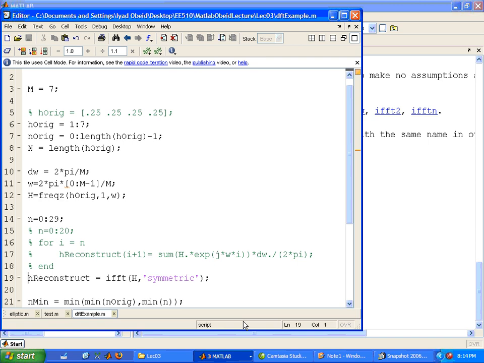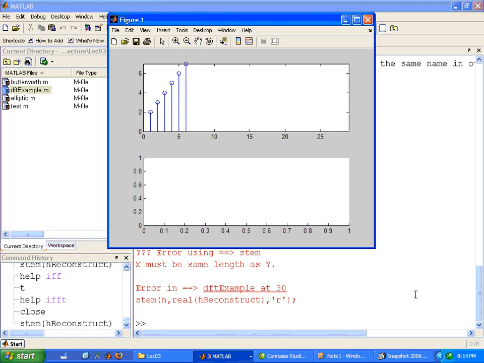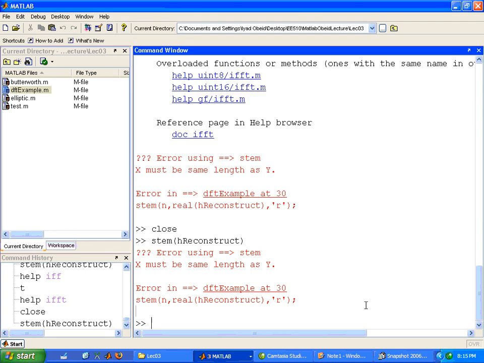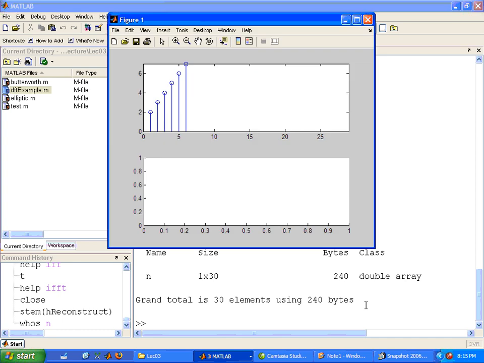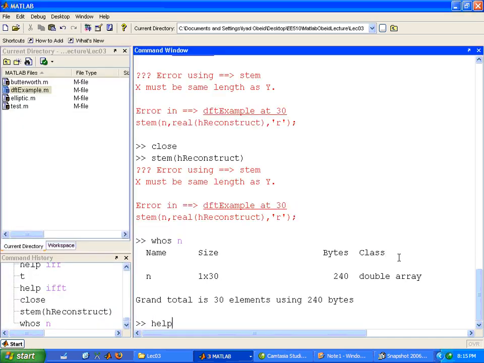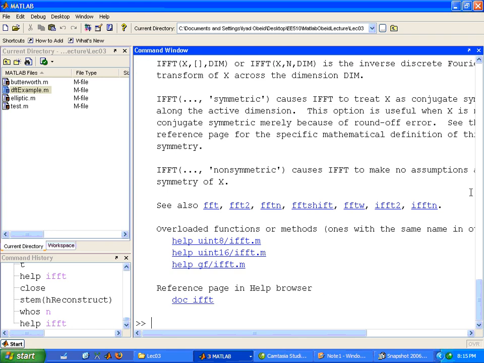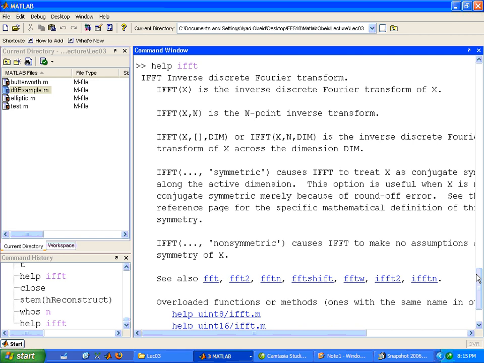That should work fine. The only question in my mind is why is H reconstruct not plotting properly? In any event, that's not too crucial. N is 30 points. Oh, right, because can I tell it how many points I want for IFFT as well? I can specify.